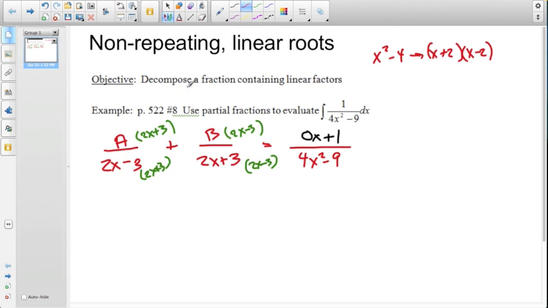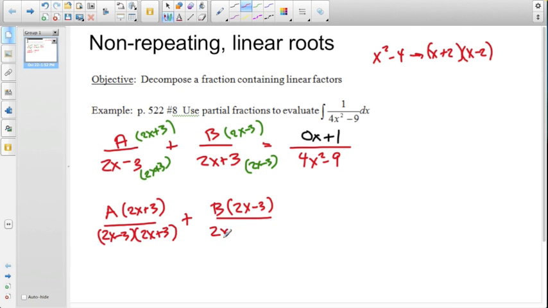And so we end up with a times 2x plus 3 over 2x minus 3, 2x plus 3, plus b 2x minus 3 over 2x plus 3 times 2x minus 3, and that has to all be equal to 0x plus 1 over 4x squared minus 9.